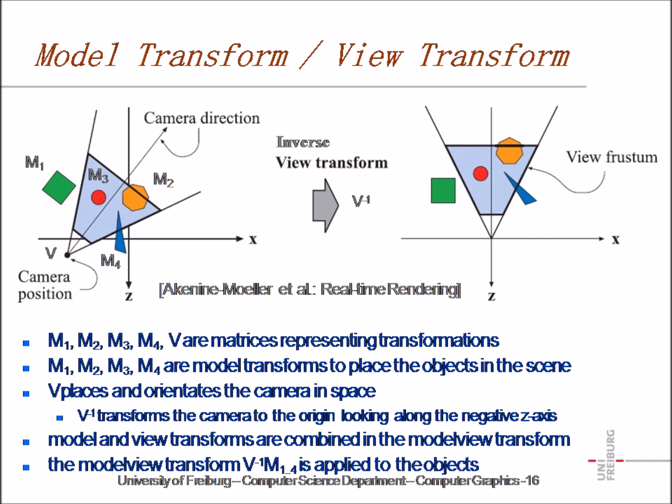These transformations might be translate, rotate or scale of the objects. V is also a transformation matrix, but it reflects the camera position. Hence, we can say that V places and orients the camera in the space. And finally, at the top of the figure, you will see the camera direction in the 3D environment.